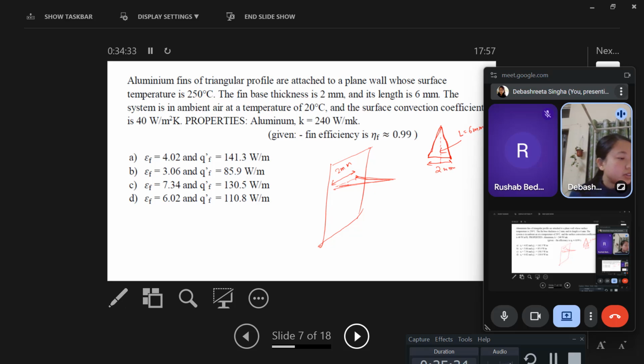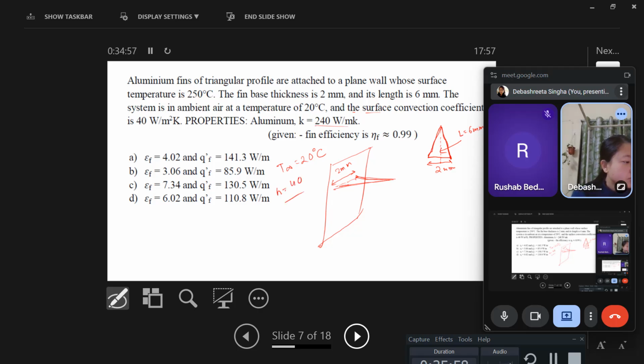The system is in ambient air at a temperature of 20 degrees Celsius, so T infinity is 20 degrees Celsius. The surface convection coefficient is 40 watt per meter square Kelvin, h is equal to 40.